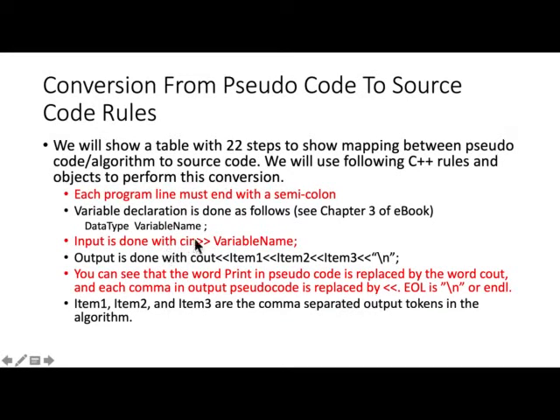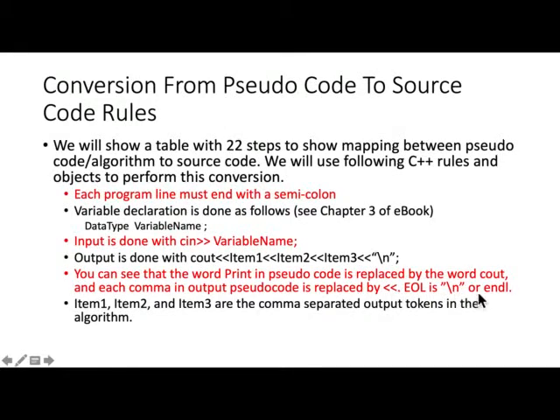Input is done with cin, arrow, arrow, and the variable name into which input is done. Output is done with cout, arrow, arrow, item 1, item 2, and so on. And \n is the end of the line. You can see that the word print in pseudocode is replaced by the word cout, and each comma in output pseudocode is replaced by a left facing arrow.